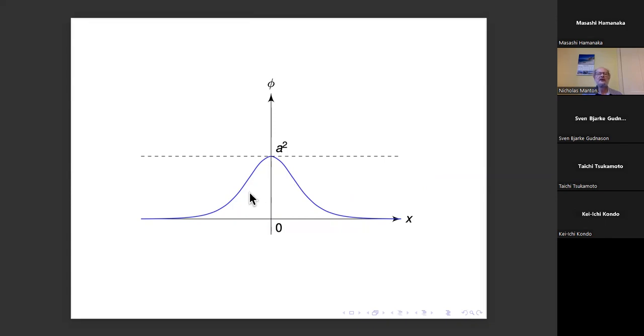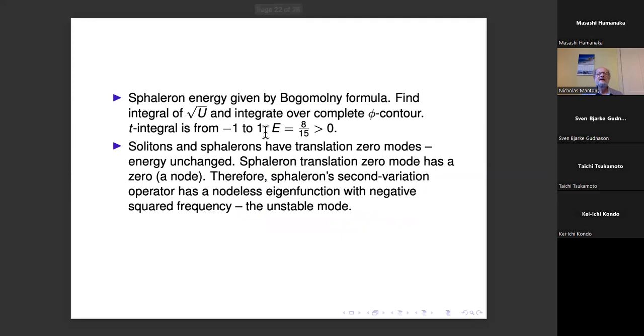If you change its center slightly, the change of the field is the derivative. That derivative of this function is positive here and negative here and is zero there. So for this Sphaleron, the translation zero mode has a zero. In other words, it's got a node.